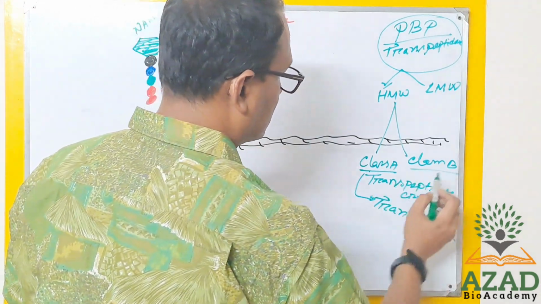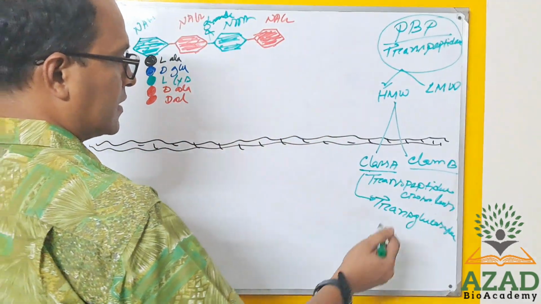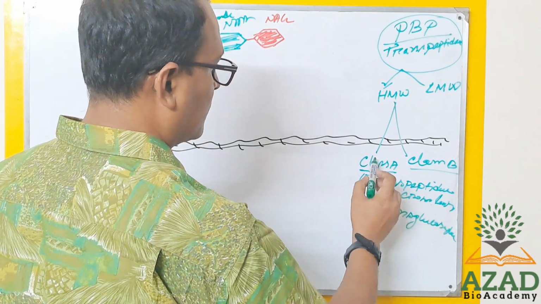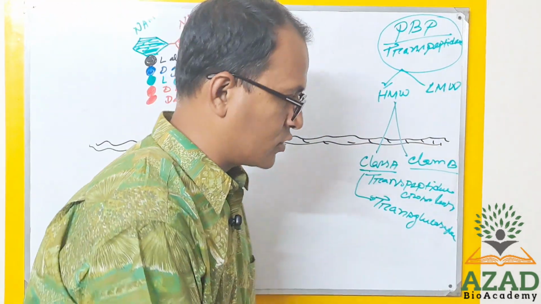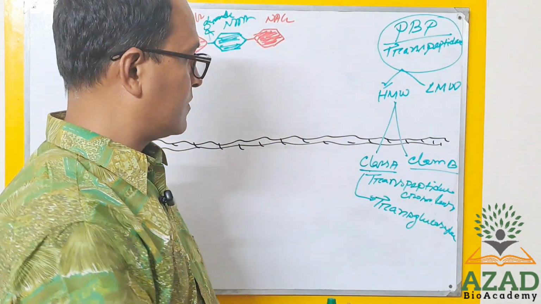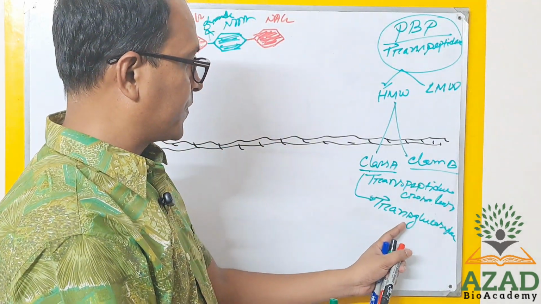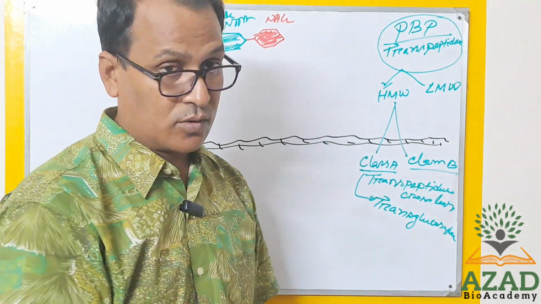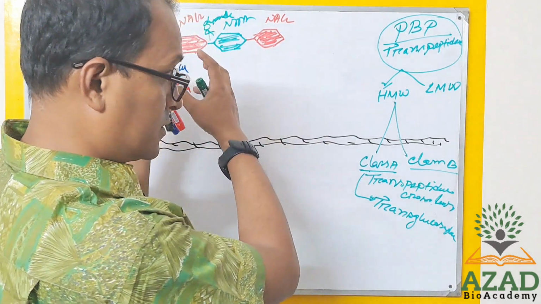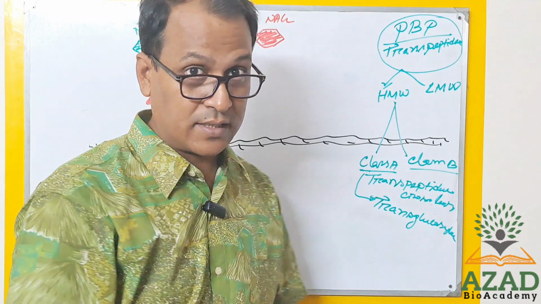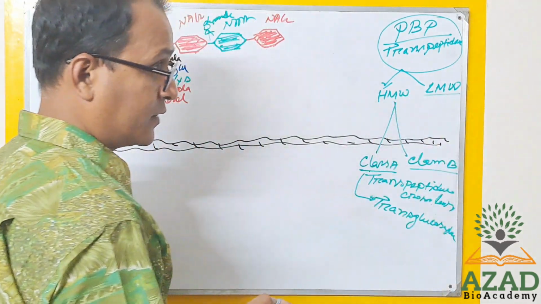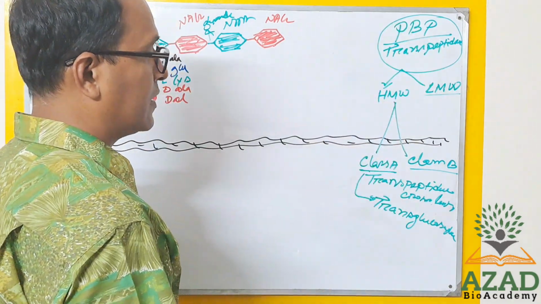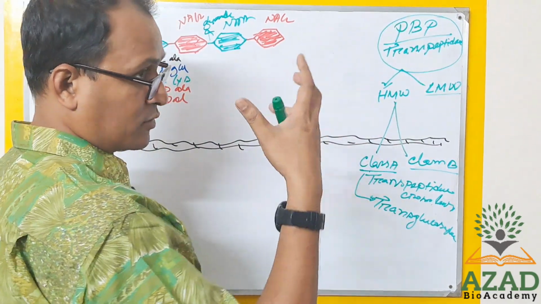Class B has one single function, that is cross-linking. So both class A and class B are responsible for cross-linking, but class A also has another specific function, glycosidic bond formation, that means transglycosylation.